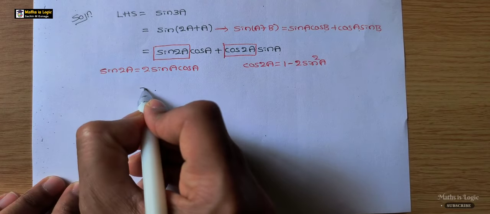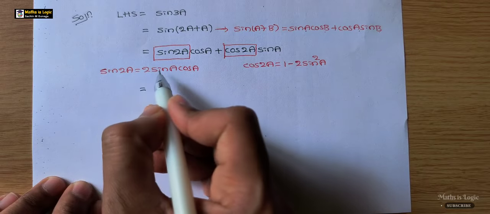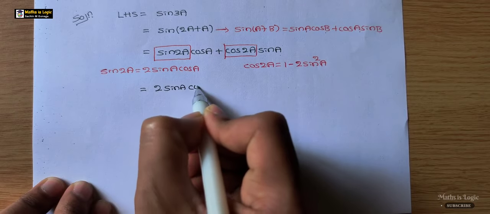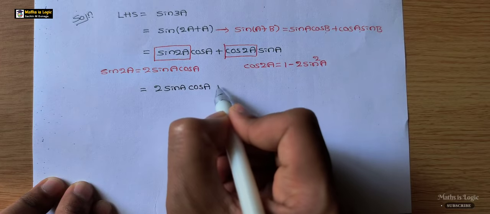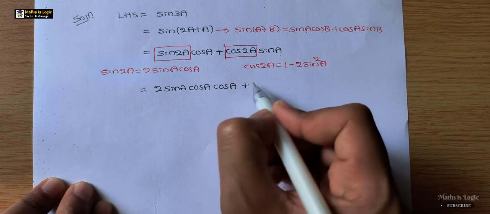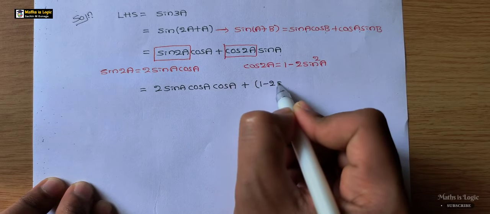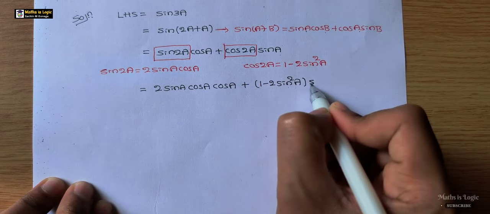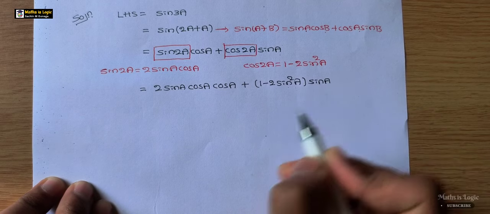So this is equal to sine 2a, which is 2 sine a into cos a, and this cos a I'm going to keep as it is, plus cos 2a is 1 minus 2 into sine square a, and this sine a I'm going to keep as it is.